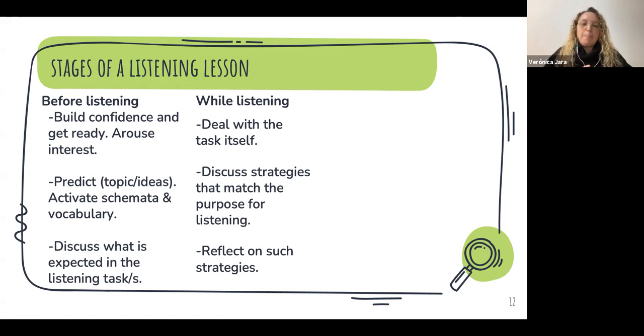The different parts have different purposes for listening, and it's very important that students are aware of that so that they can implement the appropriate strategy.